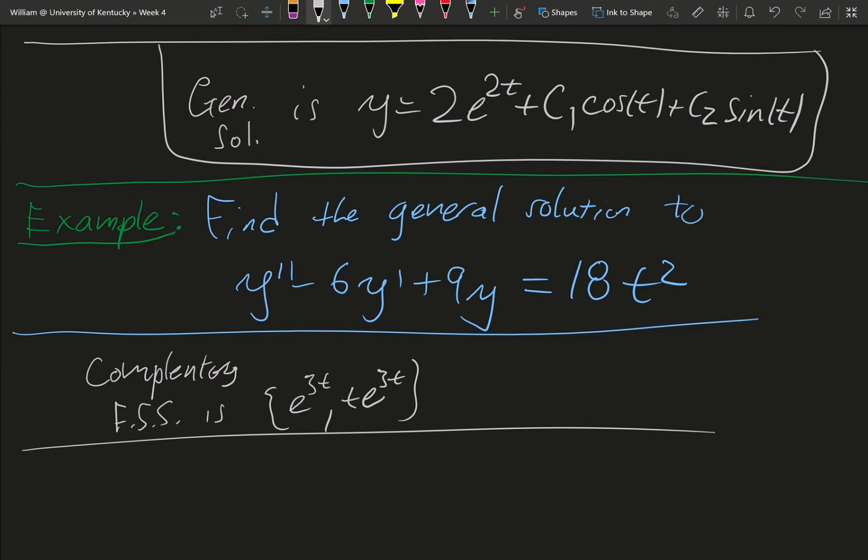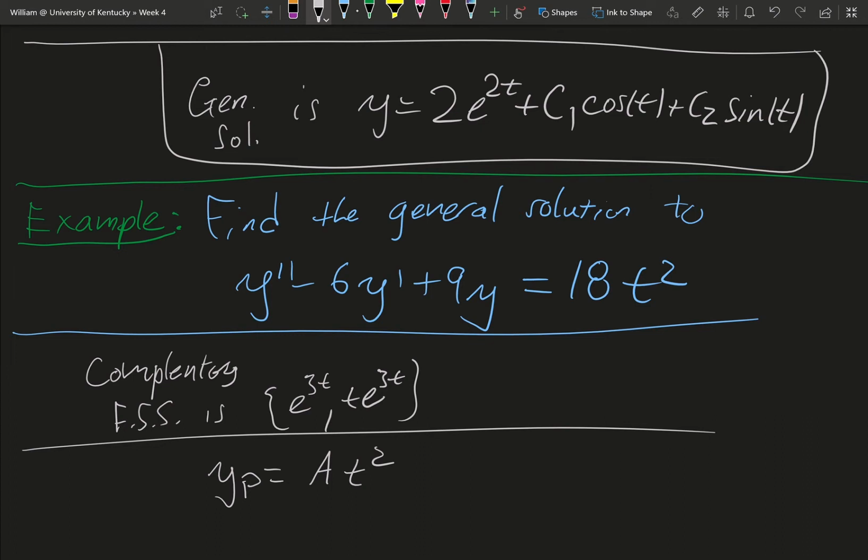Okay, so now we're going to take our particular solution, and it might be nice to just sort of start off with a t squared, and we know we can sort of get part of it, right?